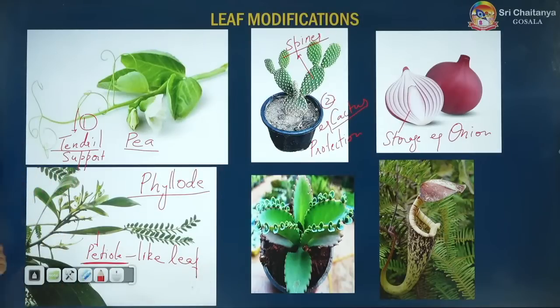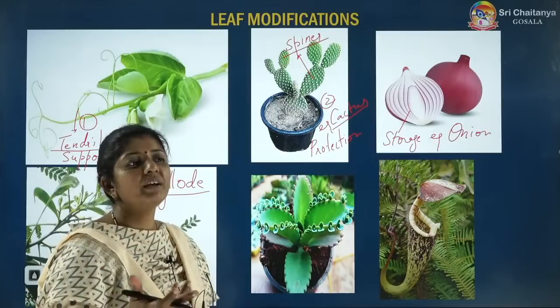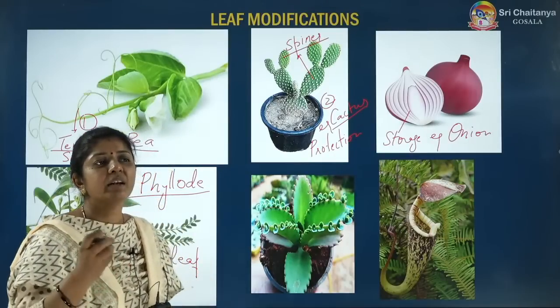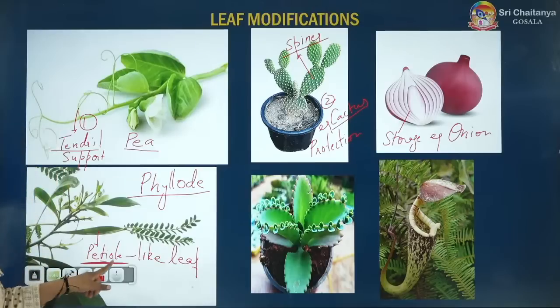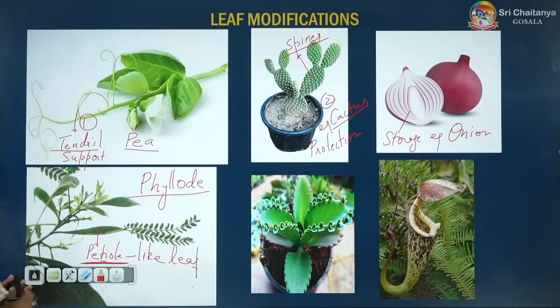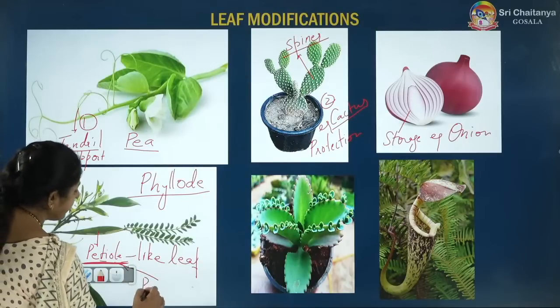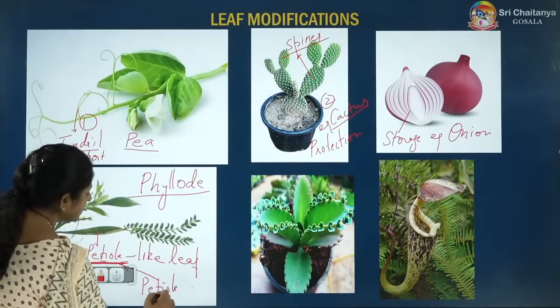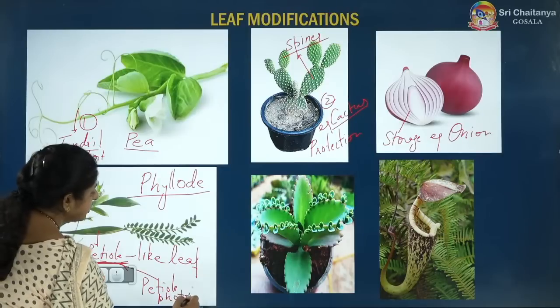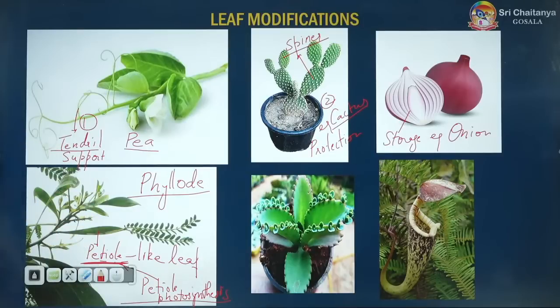Petiole part. Lamina is lamina, it is there, but the petiole is becoming modified into what? It is looking like a leaf. That you call phyllodes. So what is the function here? The petiole is modified for photosynthesis. The main function of photosynthesis is of the lamina, but not here.